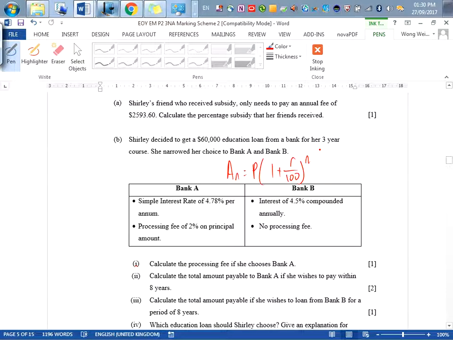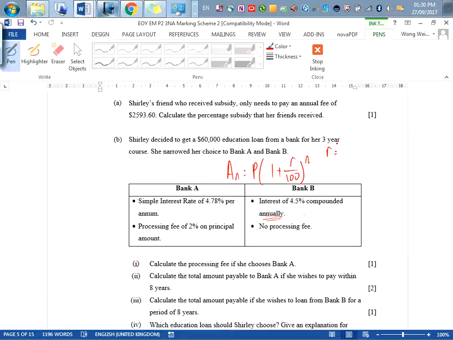Okay, now we need to know what is the value of R. By the way, what does R stand for? Rate per period, yes. How much is one period in this question? It is compounded annually, so one period means 1 year. Every 1 year they compound it one time.